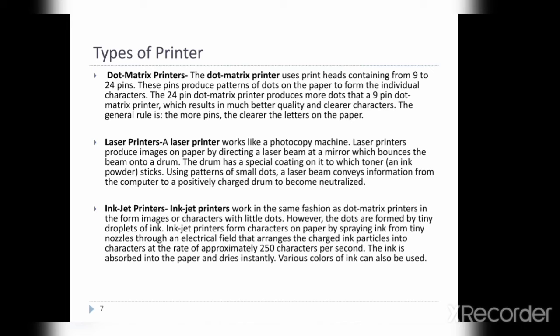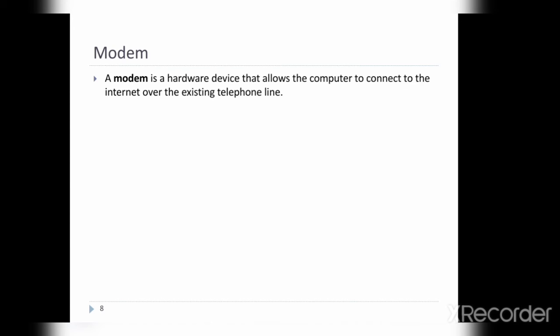Okay, 250 characters per second. The ink is absorbed into the paper and dries instantly. Various colors of ink can also be used. So these are the types of printers: inkjet, dot matrix and laser printer.